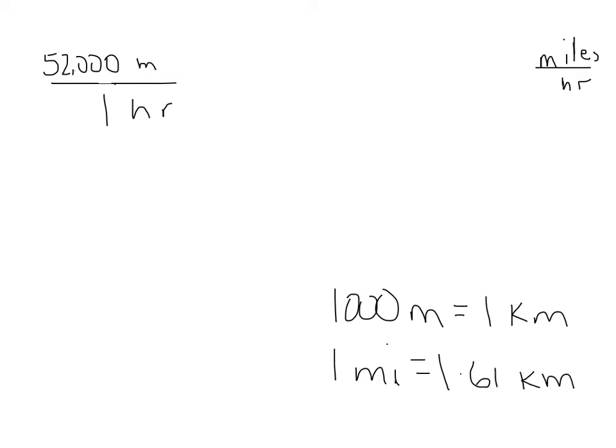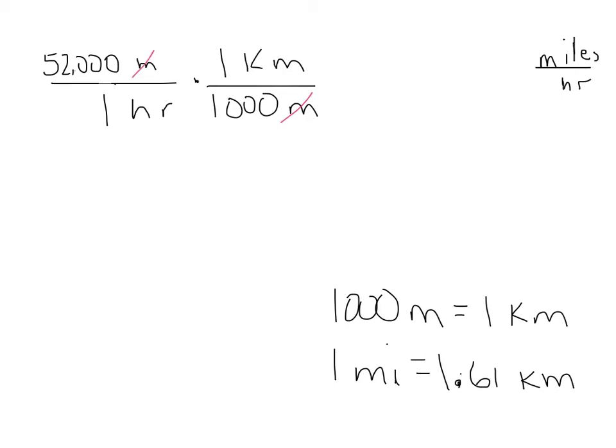So we can use those 2 conversion factors, which provides us with the following multiplication. In order to eliminate the meters, we write 1 kilometer over 1,000 meters, allowing us to cancel the meters, leaving us in kilometers per hour.